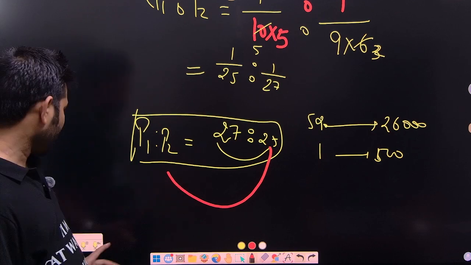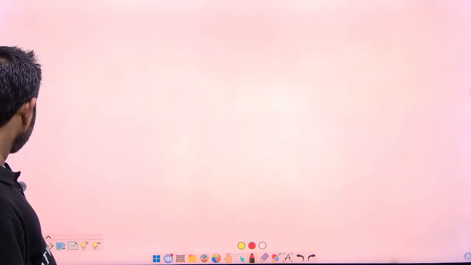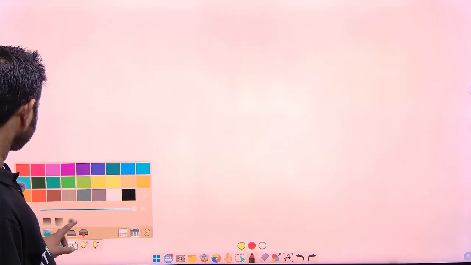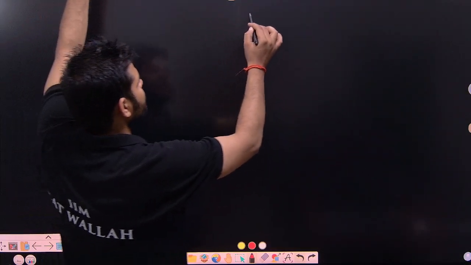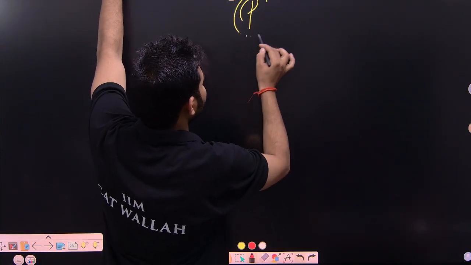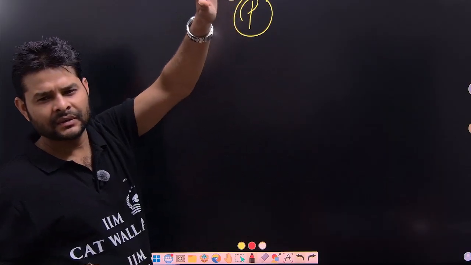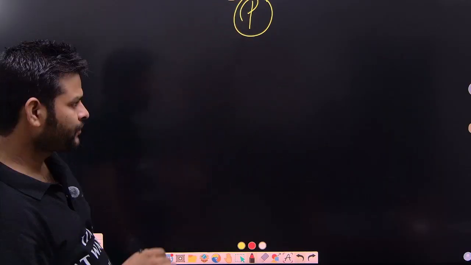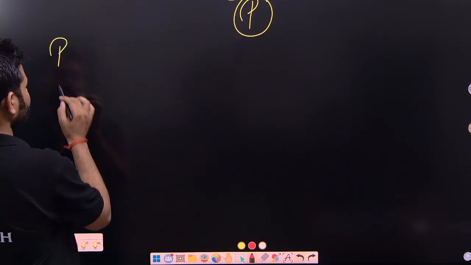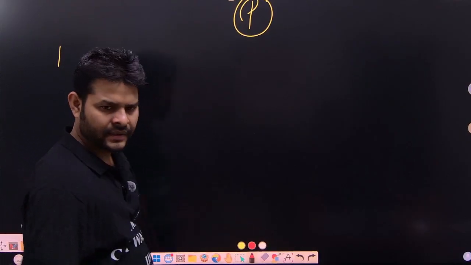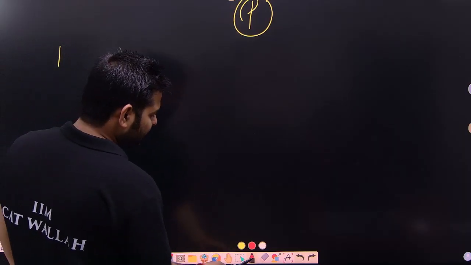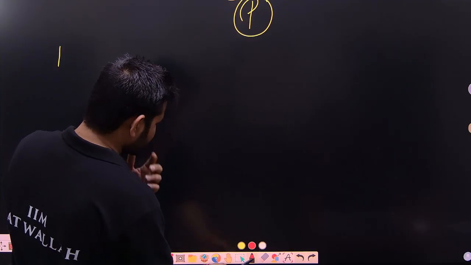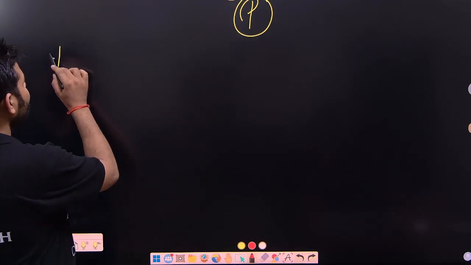Now what is the formula for this? If there is a principal P and this principal is divided into n parts, n parts means any number of parts, 2 parts, 3 parts, 4 parts, 5 parts, 6 parts, then directly you can find out the ratio of all these parts. How?